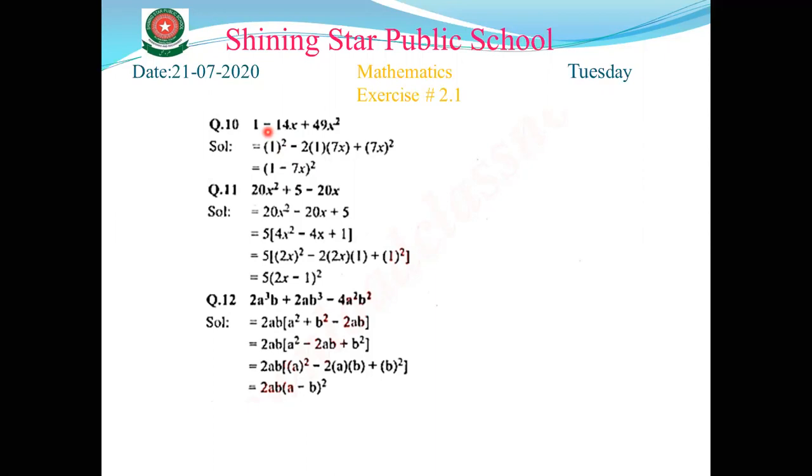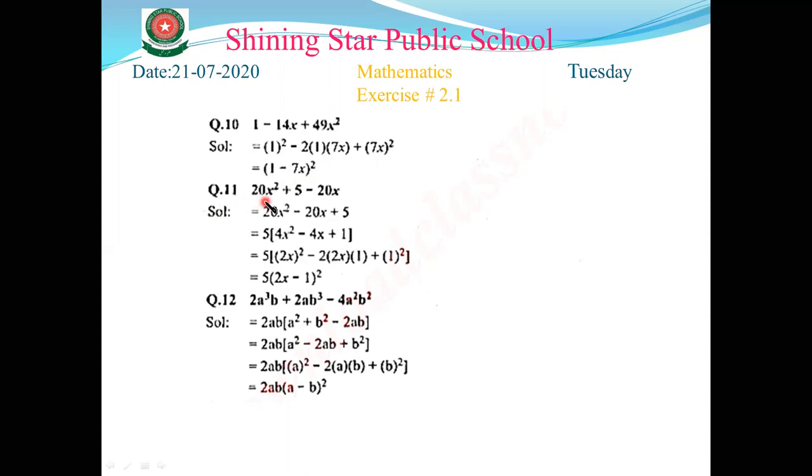The method is a square, and on the last, you have to write b square, minus 2ab. A is 1, b is 7x. So in the next step, first of all, you write a, then b whole square, and what will be the sign? The sign of the middle term, that is minus, so we write minus. Okay, simple method.